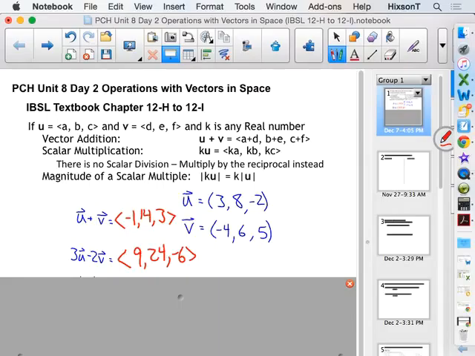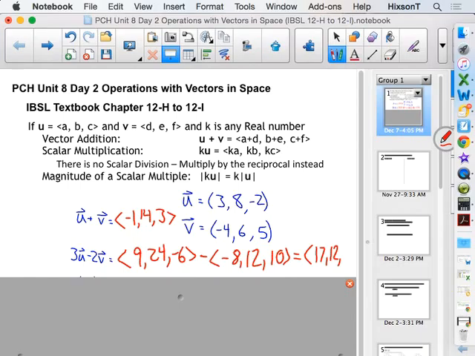Alright? Here we go. So, we have 3u. What's 2v? Good. Negative 8, 12, and 10. Okay? So now we subtract. 9 minus a negative 8, 17. 24 minus 12, 12.